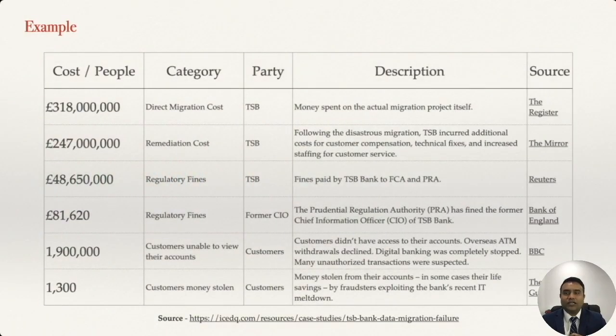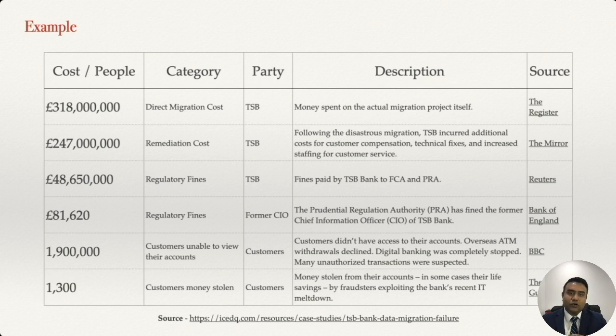In July 2015, TSB Bank was acquired by a larger banking group, Banco, for a whopping £1.7 billion. One of the key projects of the deal was to migrate 5 million TSB customers to a new banking system.